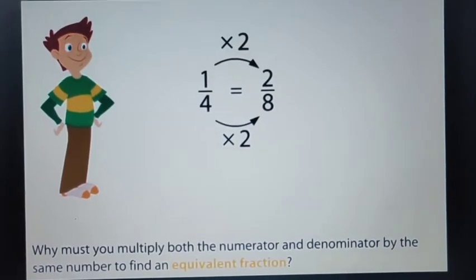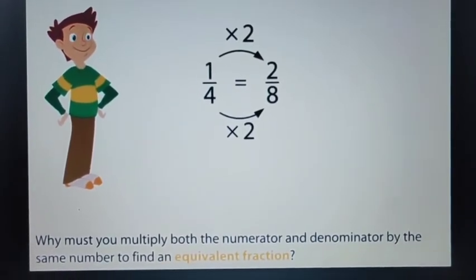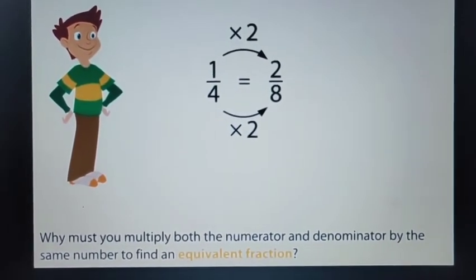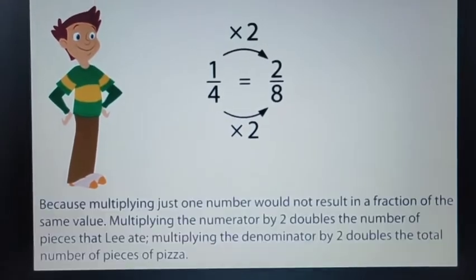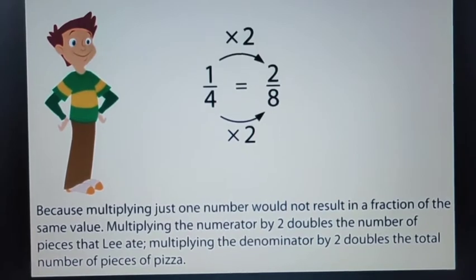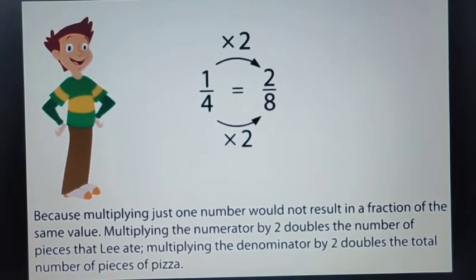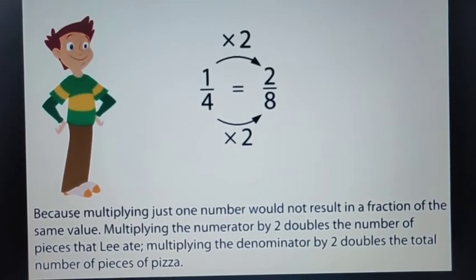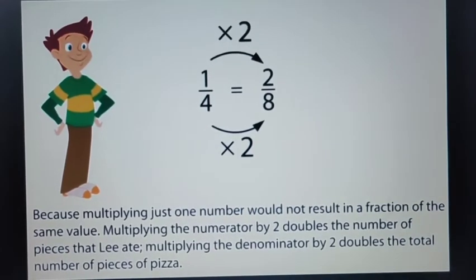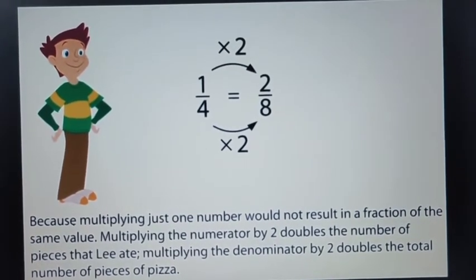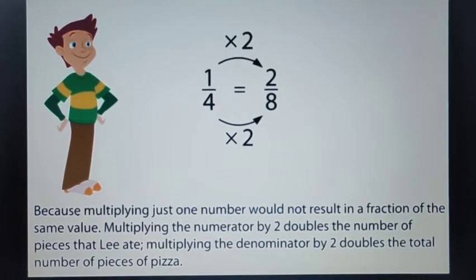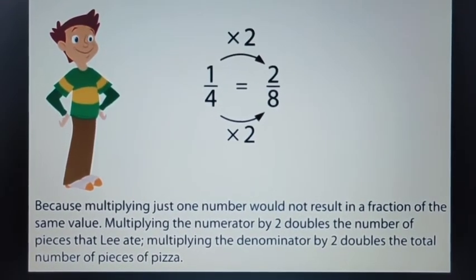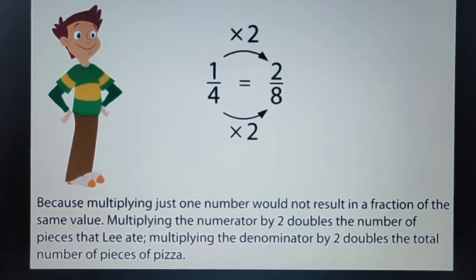Why must you multiply both the numerator and denominator by the same number? Because multiplying just one number would not result in a fraction of the same value. Multiplying the numerator by 2 doubles the number of pieces that Lee ate. Multiplying the denominator by 2 doubles the total number of pieces of pizza.